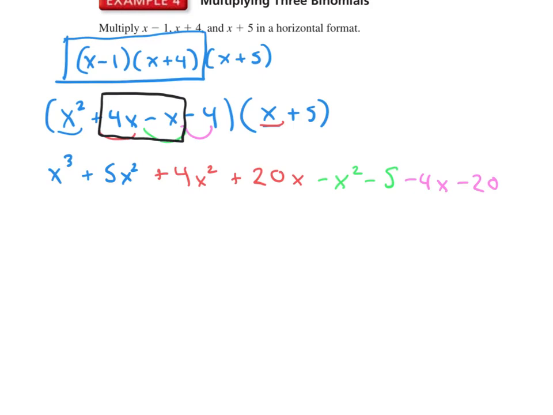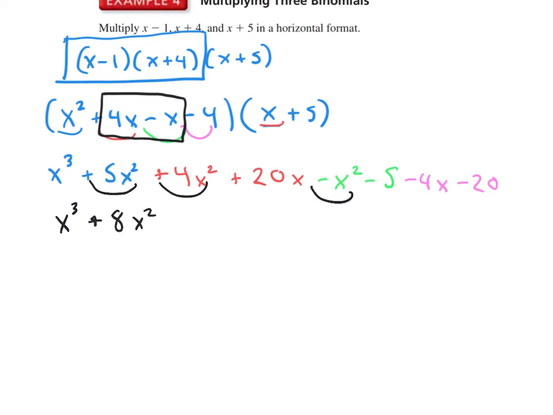Now we can combine our like terms. So we have x cubed, and we look at all of our x squareds. So 5x squared plus 4x squared would be 9x squared, minus 1 would be 8x squared, so plus 8x squared.